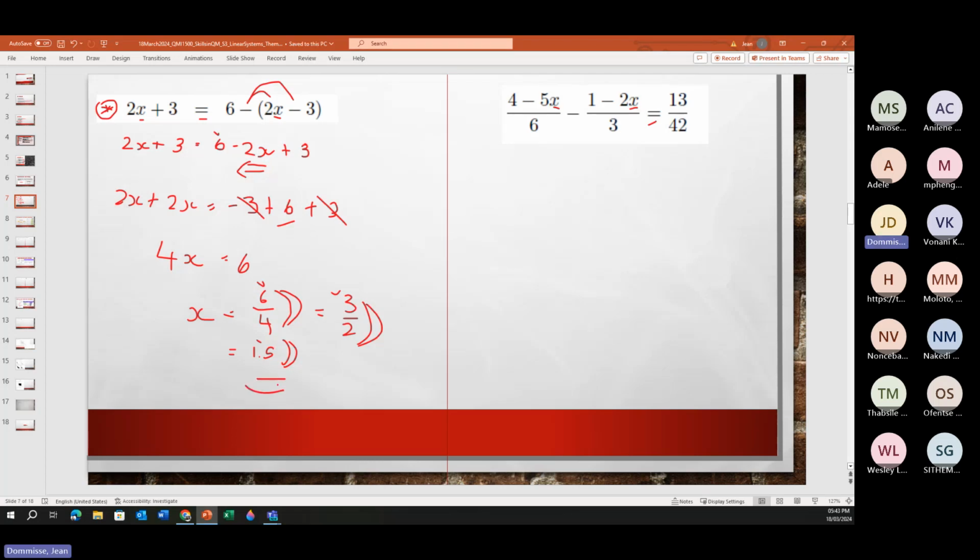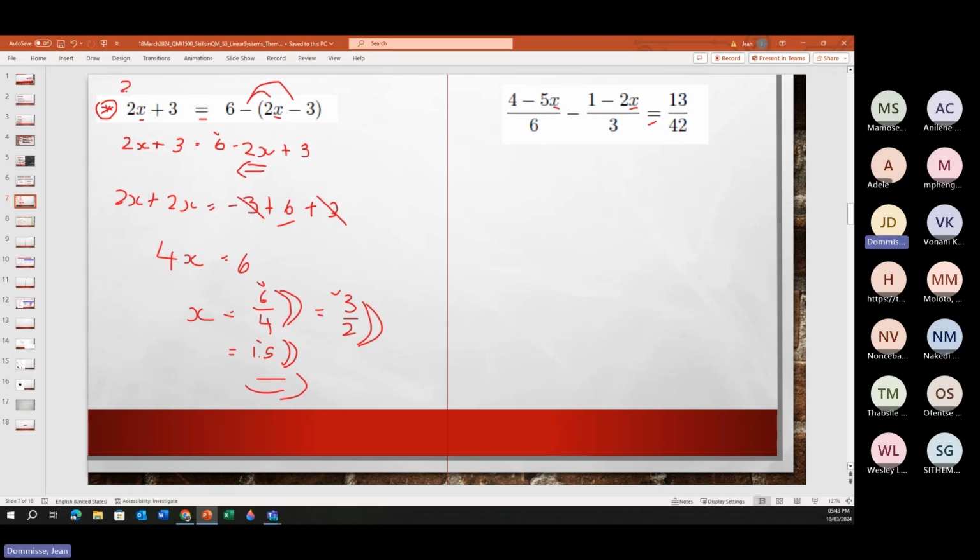Okay, so for this one, x was 1.5. And what you can always do is put that answer back in the original and see if it works out.